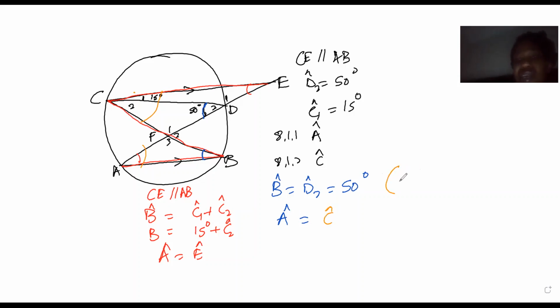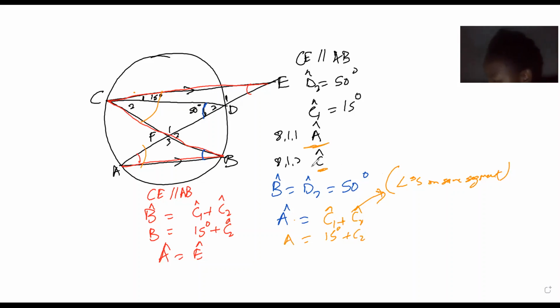This is angles in the same segment. Okay, this is the same reason. So A is equal to C, C1 plus C2 actually. But we know that C1 is 15 plus C2. And what are we looking for? We're looking for A and we're looking for C2, because we have C1.